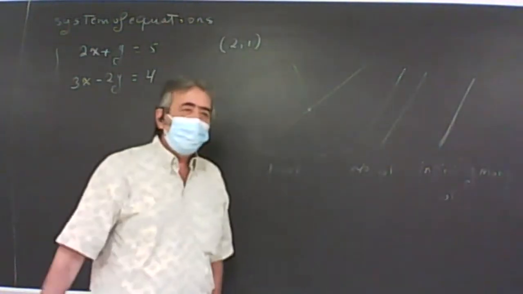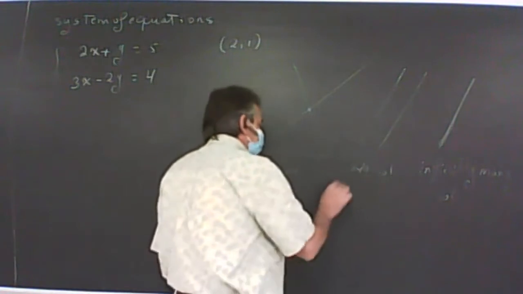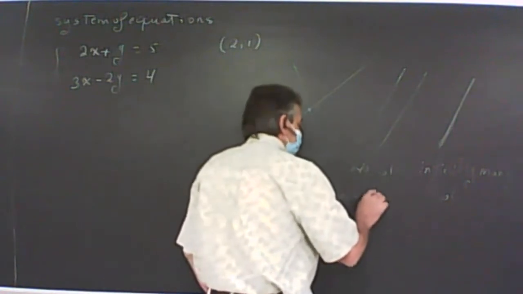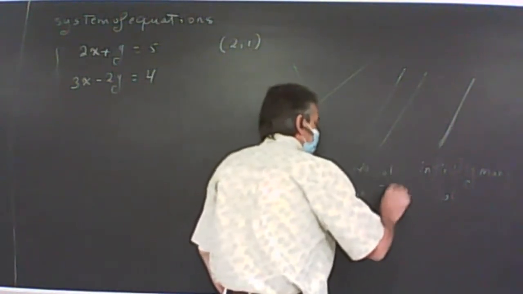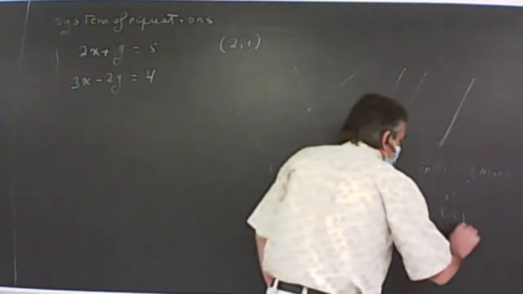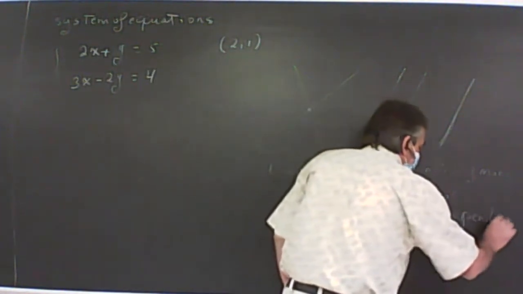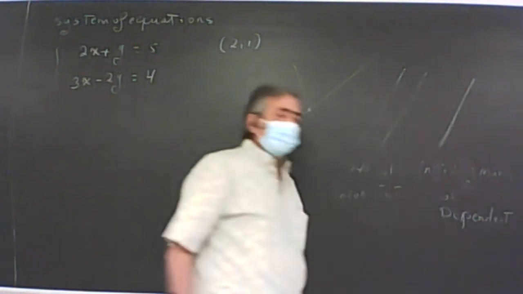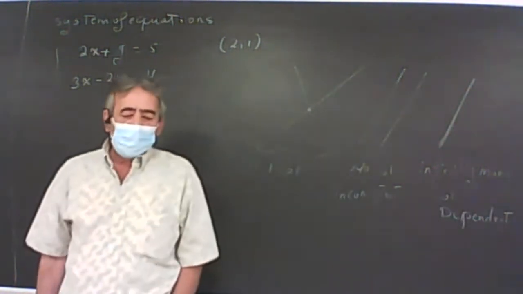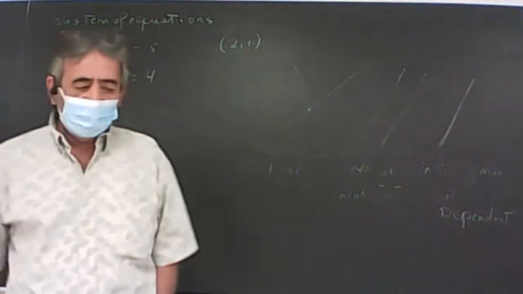And we call that system dependent. So this is inconsistent, and this one is dependent. Those are the basic ideas of what those equations are.